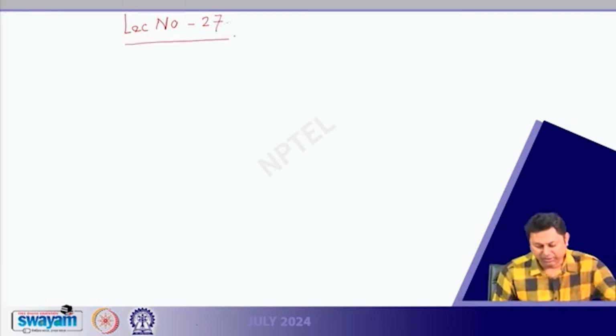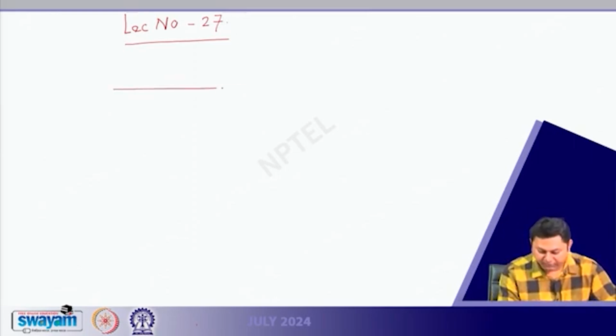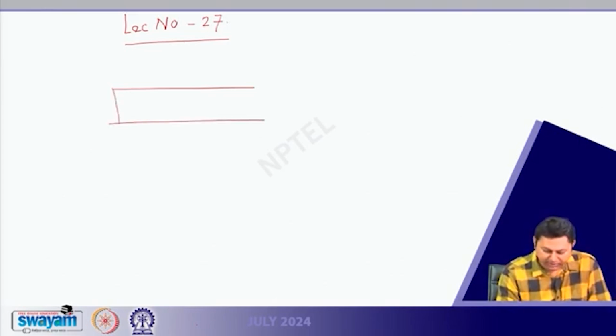If you remember, in the last class we discussed that if we have a film like this, having refractive index nF, and a ray is allowed to fall on this system, then it will be transmitted and go in this direction.